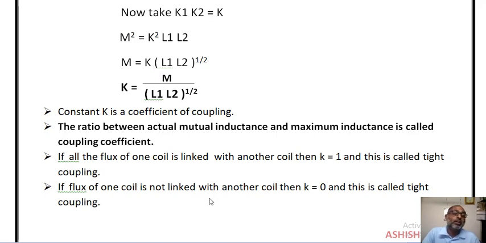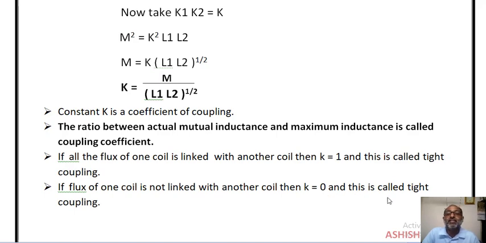Now if the flux produced by this coil is not totally linked with the other coil, do you understand? If we keep more distance between coil A and B, then whatever flux is produced by coil A is not linked with coil B. That time we can take K is equal to 0, and there is no EMF induced in the other coil.